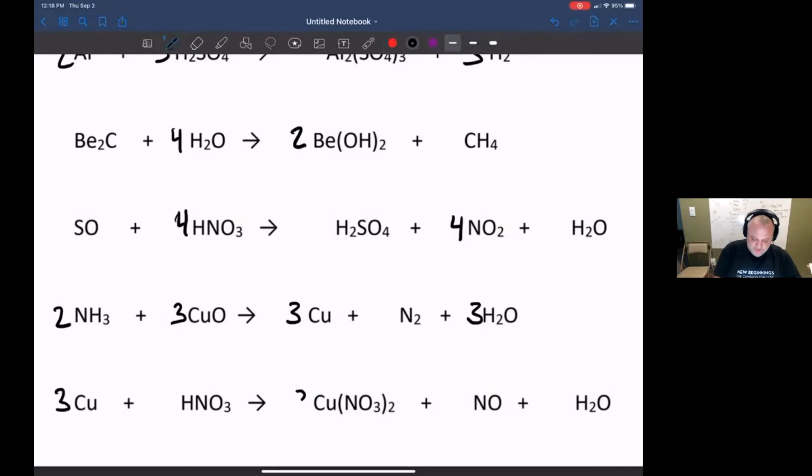Okay, if I put a 3 there, then I need a 3 there. All right, well, we know that the nitrogens are in more than one place, so let's try to count those up. It looks like I've got 3 times 2, 2 times 1 is 2, times 3 is 6. I've got 7 there. So that doesn't actually work. Let's try something different then. Let's try oxygen.